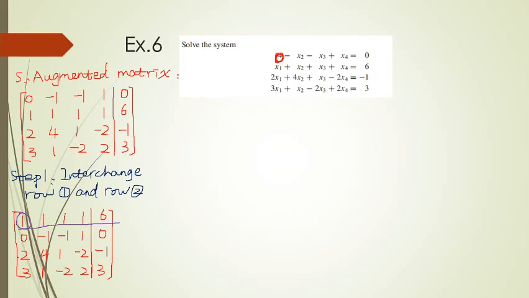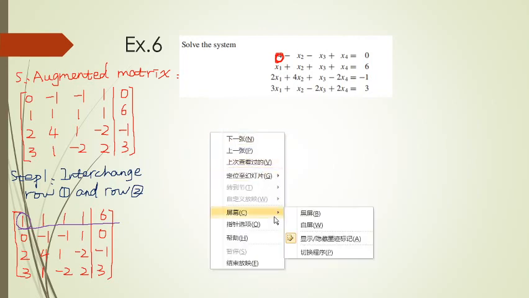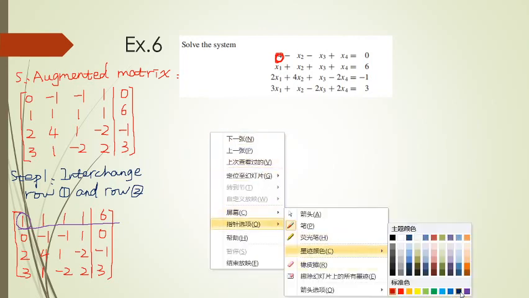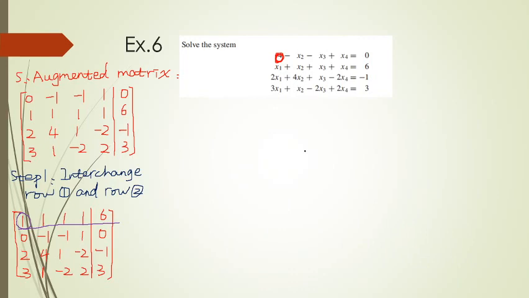Now we need to replace row 3 by row 3 minus 2 times row 1. And we are going to replace this row by this row minus row 1 multiplied by 3, right? So that is the row operation in the second step. Now let me write it. Step 2.